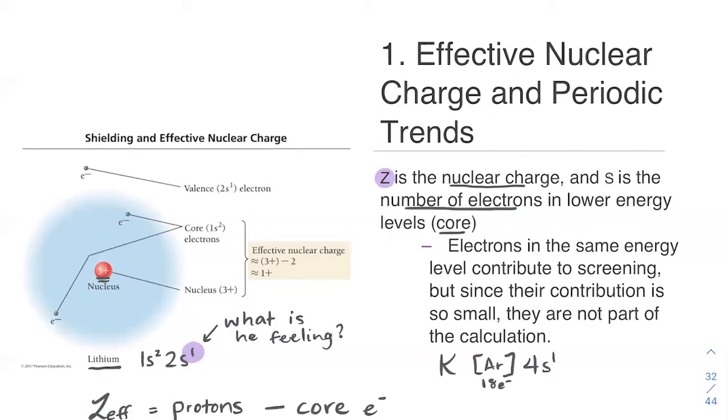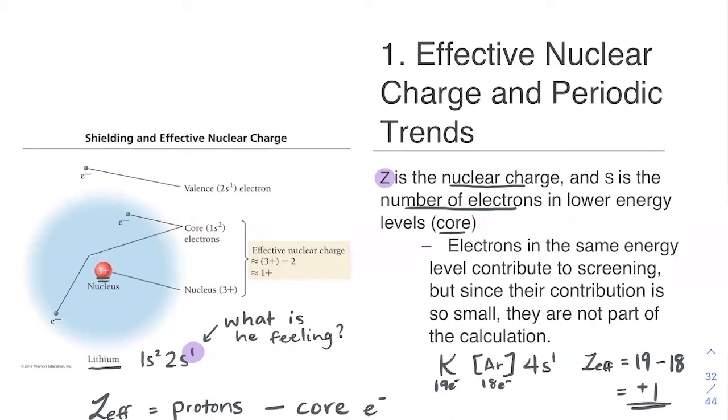Plus that extra 1, potassium has 19 electrons total. So the Z effective here, if potassium is atomic number 19, it has 19 protons in the nucleus and 18 core electrons, so 19 minus 18, plus 1 on the Z effective.